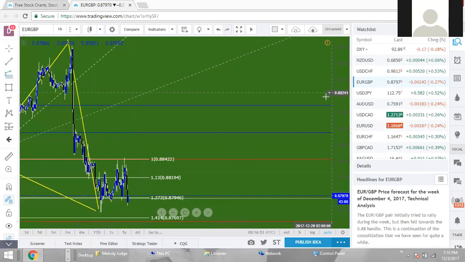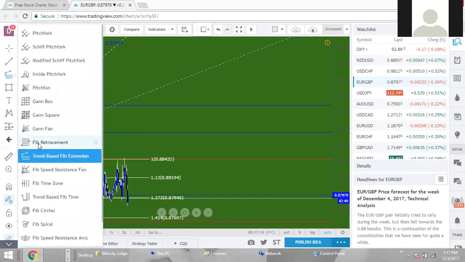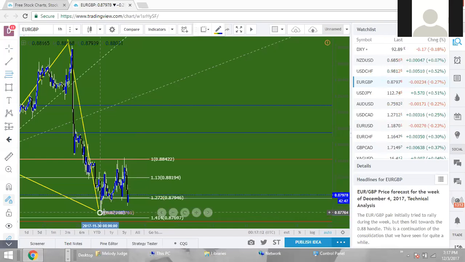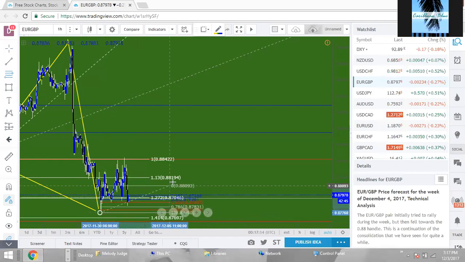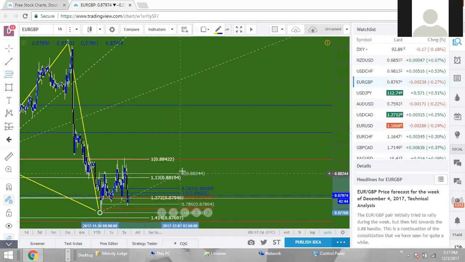Yeah, all right. A little bit off topic, but I do have a little Cypher pattern possibly here. If anyone's looking to enter Euro Pound long, because we are long, Legacy is long on this. Let's see if we got any extra confirmation here.